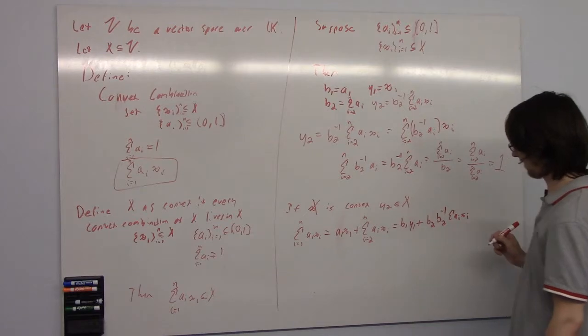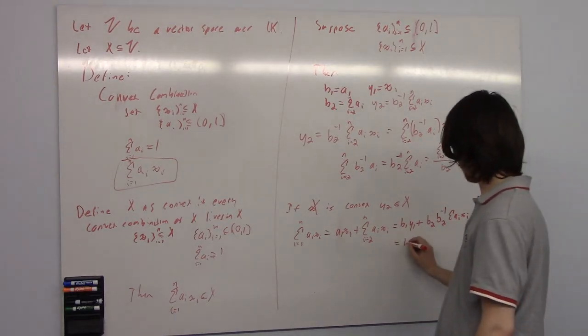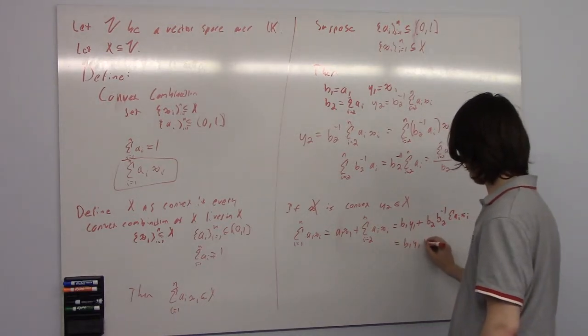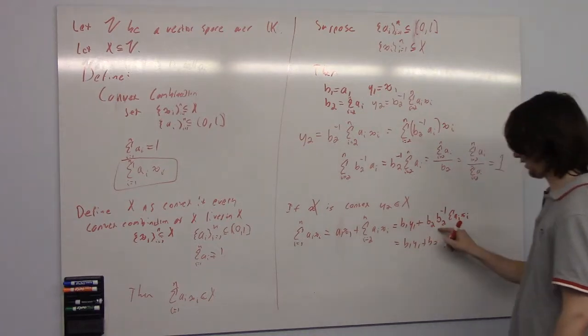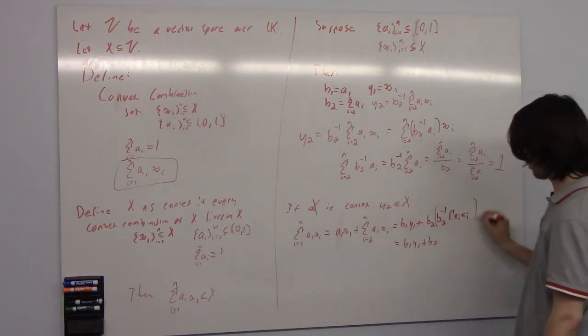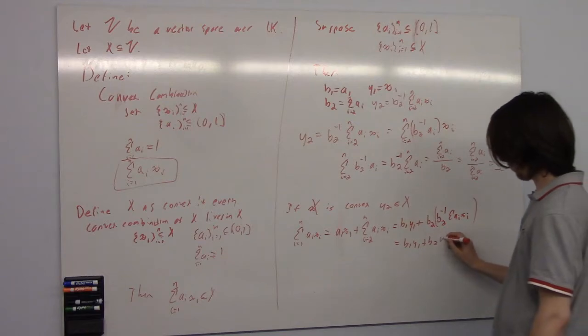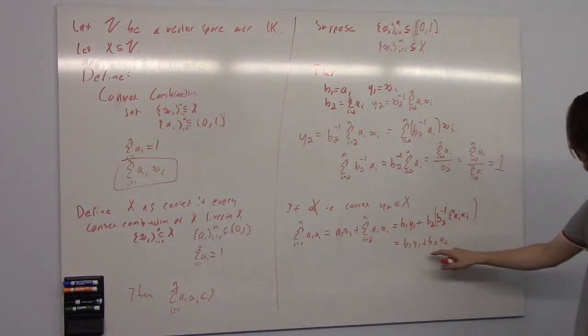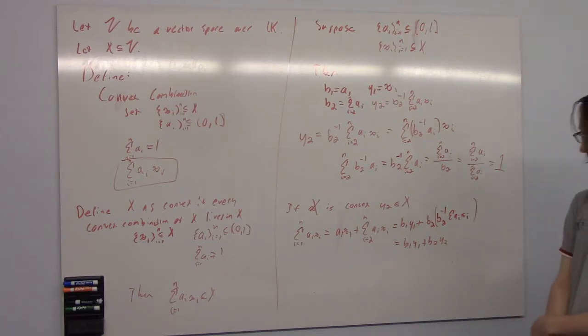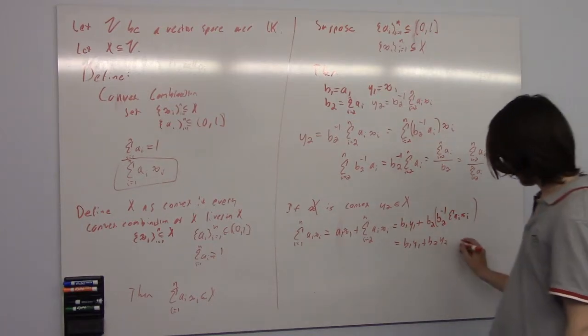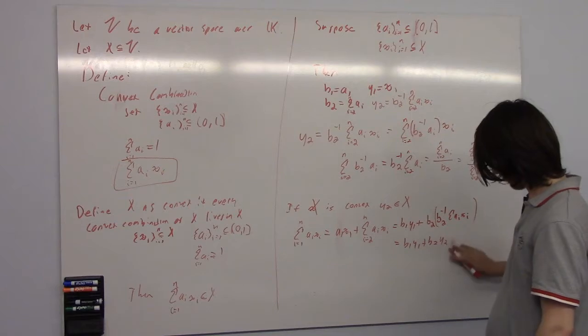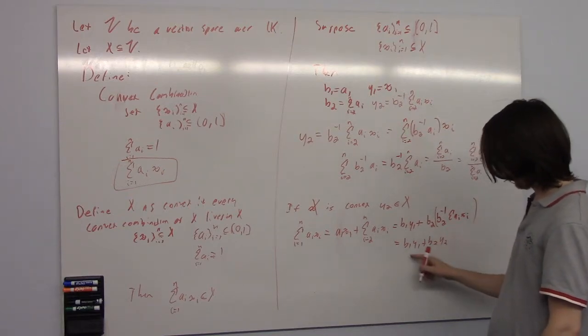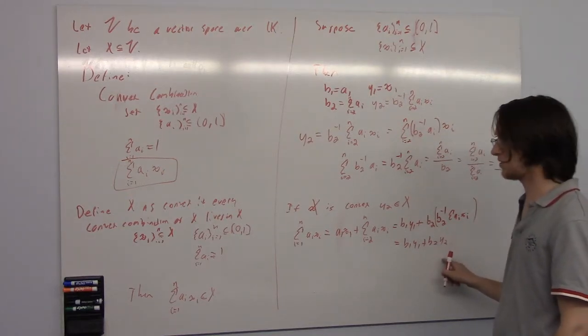Okay? This is b1 y1 plus b2 y2. This right here is just y2. Now since b1 plus b2 is just the sum of the ai's, we get this is a convex combination of elements in X.